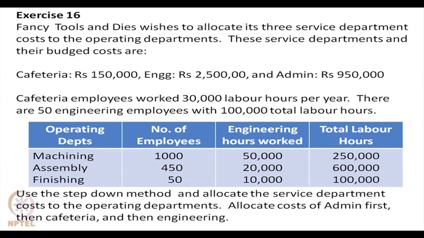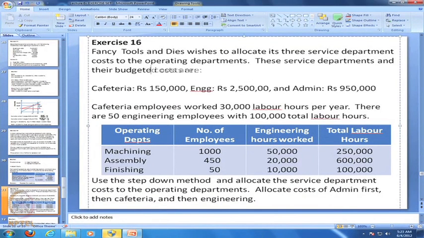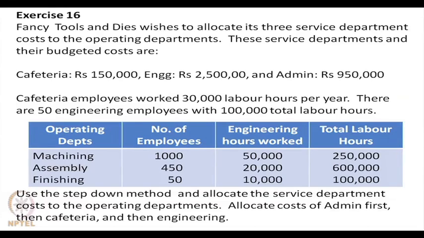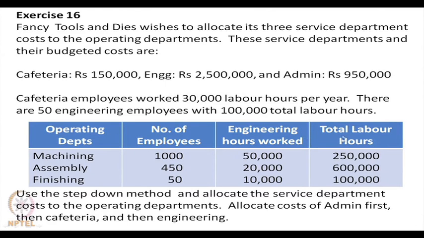These service departments and their budgeted costs are cafeteria rupees 150,000, engineering department rupees 2,500,000, 200,000, and administrative expenses rupees 950,000.